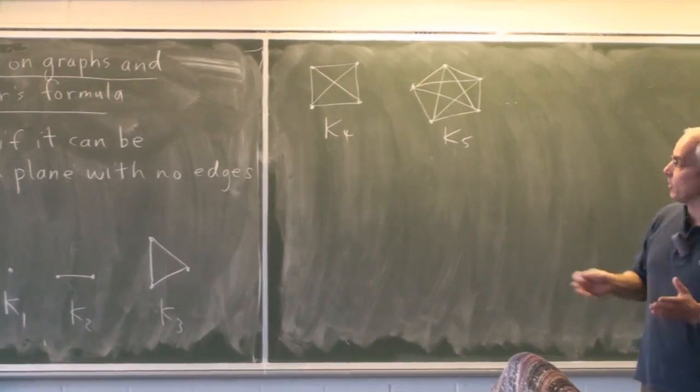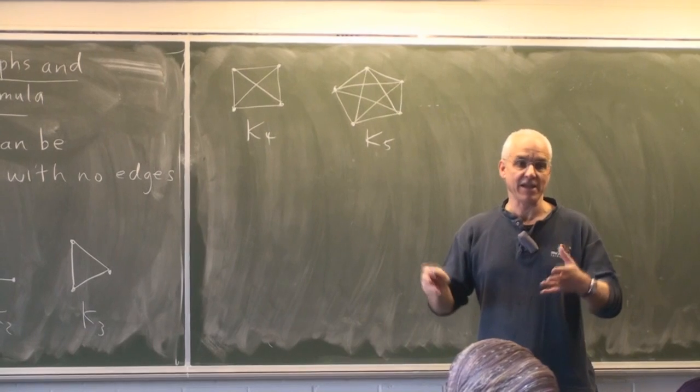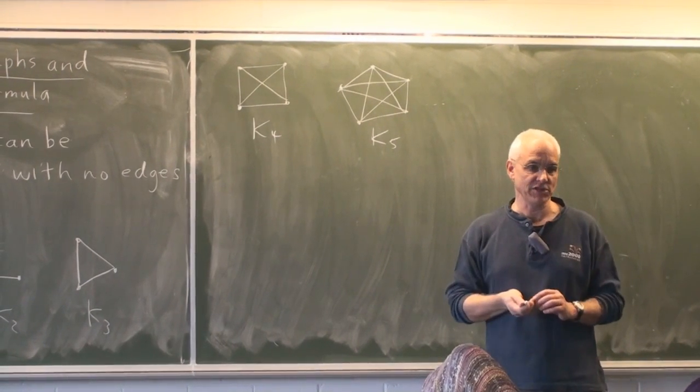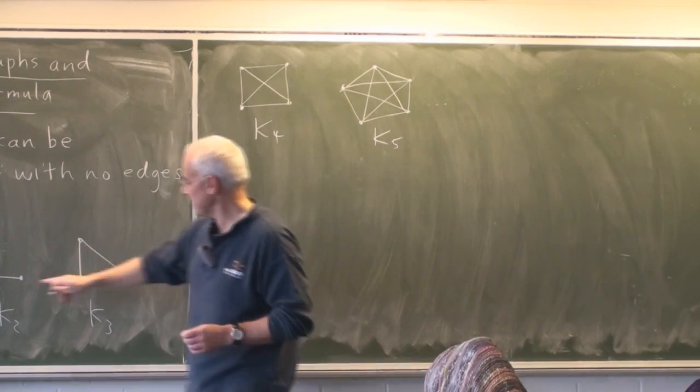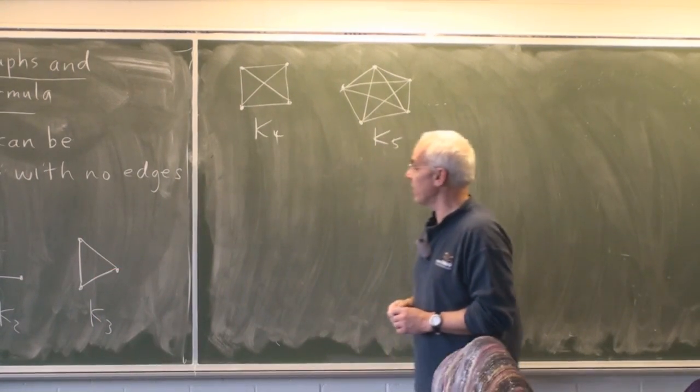Well, I hope the pattern is clear. We're simply starting with n points and connecting them with all possible edges. It's a complete graph. And it's pretty obvious that these ones are planar, K1 to K3.